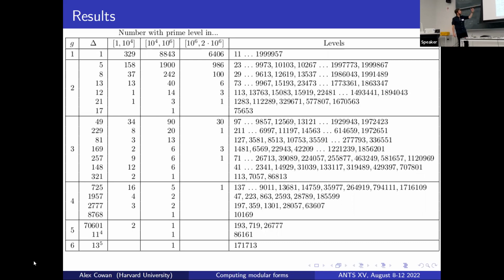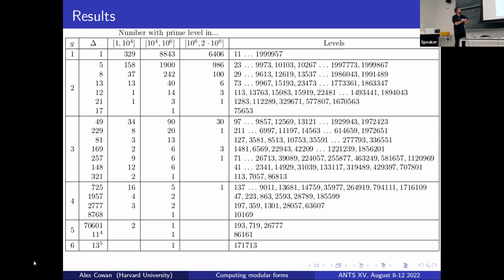And then I split up the table in this way because of these three columns. This column is telling you how many appear in the LMFDB. This column tells you how many forms we got between when the LMFDB ends and 1 million, and then this one is between 1 million and 2 million. And this g is the degree of the modular form, and this delta is the discriminant of the Hecke field, of the number field that its Hecke eigenvalues generate.